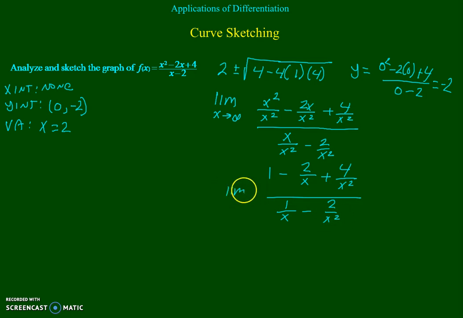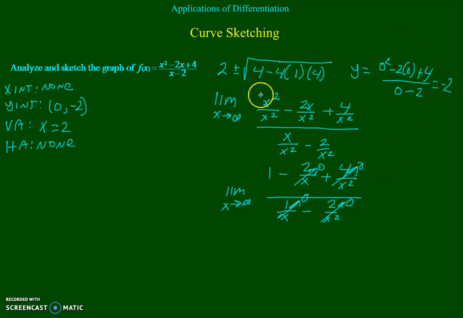When we take this limit as x approaches infinity, these terms all go to 0. So we can see that this function has no horizontal asymptotes because it increases without bound as x approaches infinity.